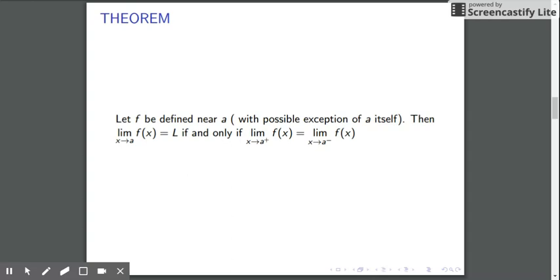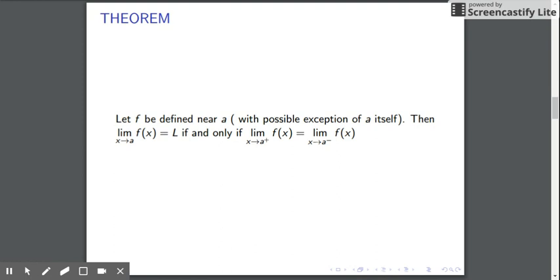There's a nice theorem that we actually kind of used when we were explaining the example. It says the limit of f of x is equal to L if and only if the limit of f of x from the right is the same as the limit of f of x from the left. This implicitly tells you that both limits exist and they are equal.